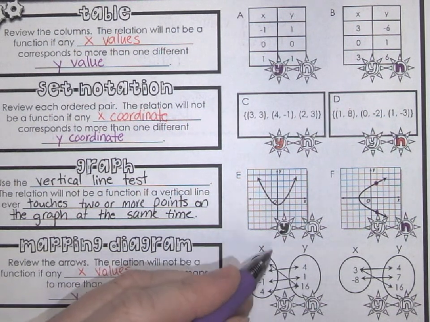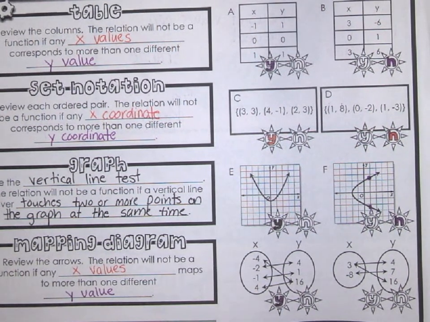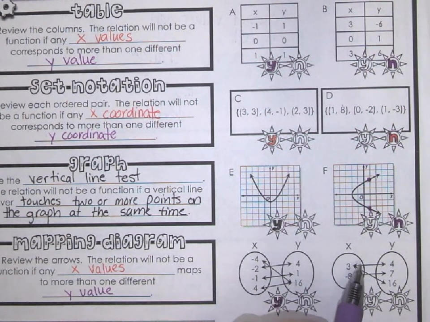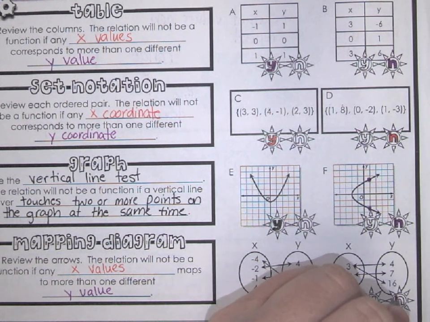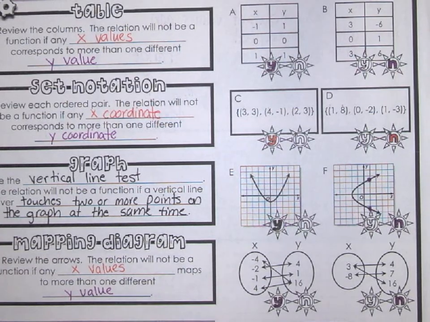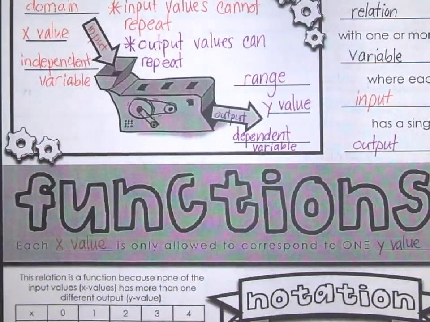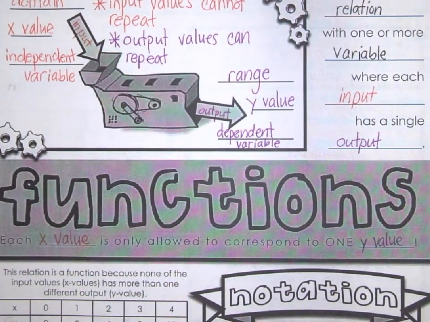Since each number only has one arrow from the x value, this is a function. Here, the 3 has two different arrows going to different y's, so this is not a function. So to recap, a function is a relation where every input has one output. X's cannot repeat, Y's can repeat.